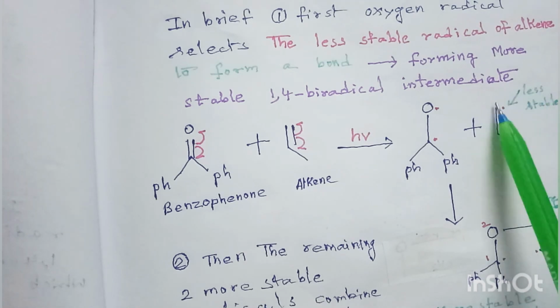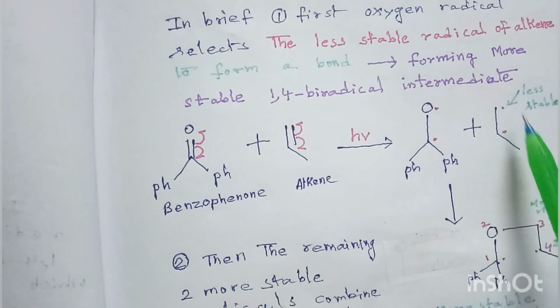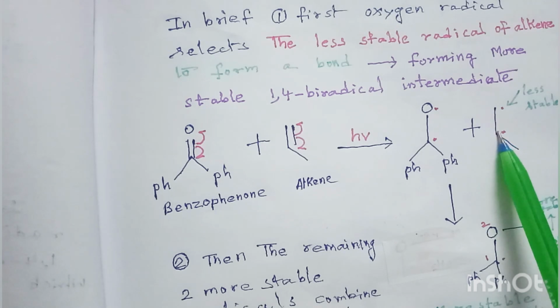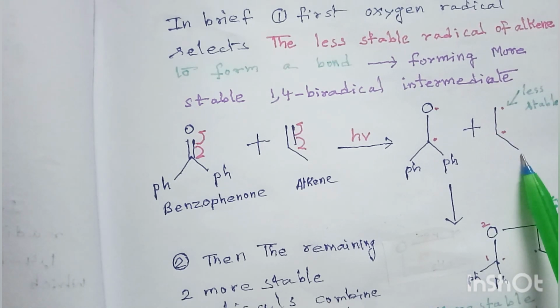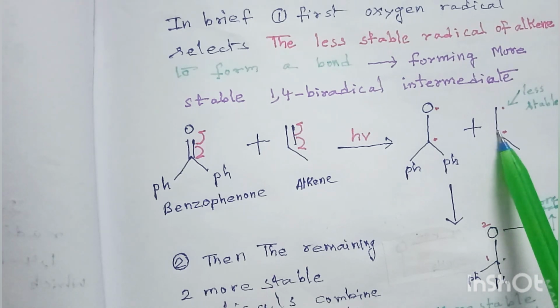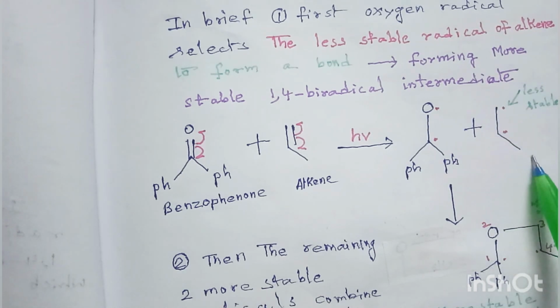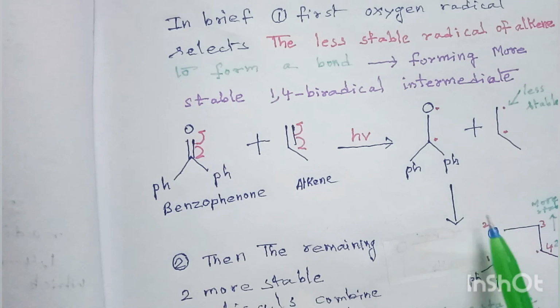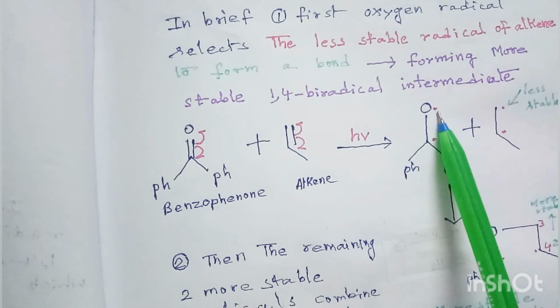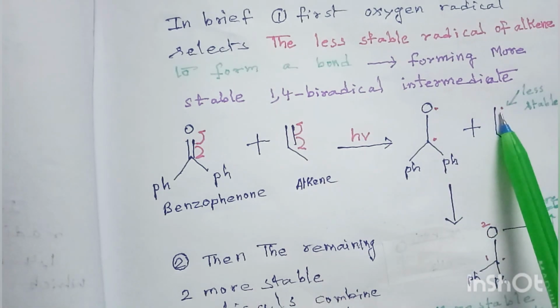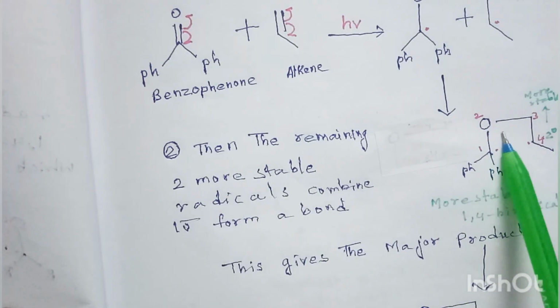This is less stable because this is a primary radical. This carbon radical is more stable because it is a secondary radical, because this carbon is attached to two more carbons. So the less stable oxygen selects the less stable carbon radical of the alkene to form a bond.